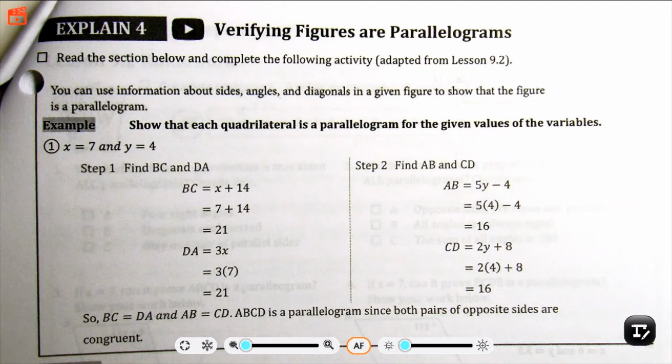So what we need to do is check the length of JN, NL, MN, and NK. So let's start with JN. JN is 2x plus 2, but x is 6. So 2 times 6 plus 2 is 12 plus 2, which is 14.